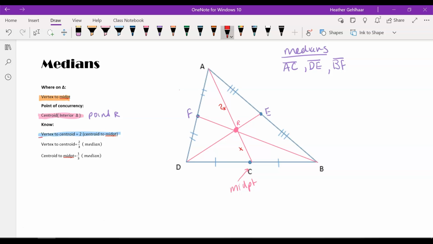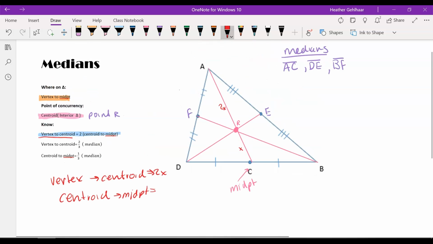So when we're going from the vertex to the centroid, that is 2x, and then centroid to midpoint is x. So 2x is the long side, and x is the short side.